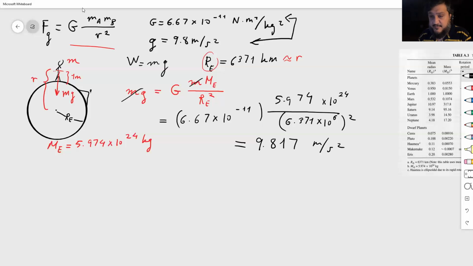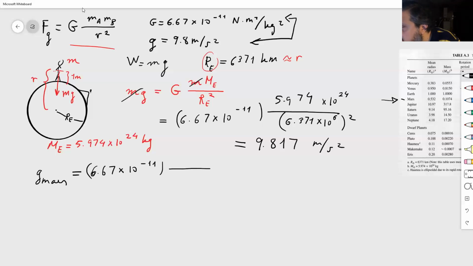Let's say you want to find the gravitational acceleration of Mars. Easy. Use the same formula, just replace the mass and the radius by the value for Mars, right there. Just find Mars here, and 6.67 times 10 to the negative 11.